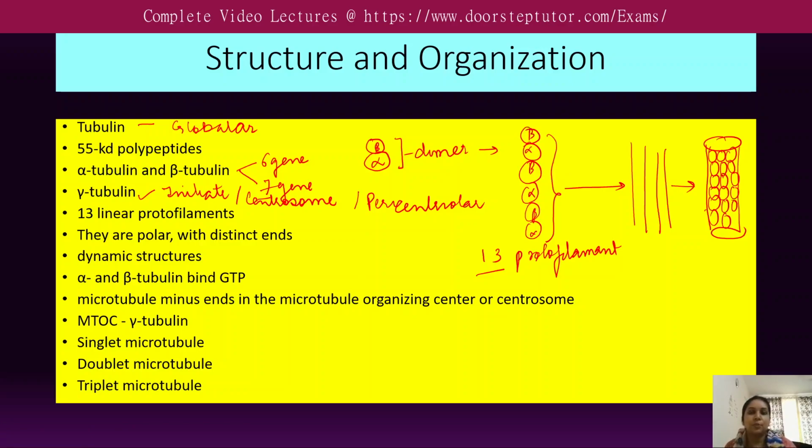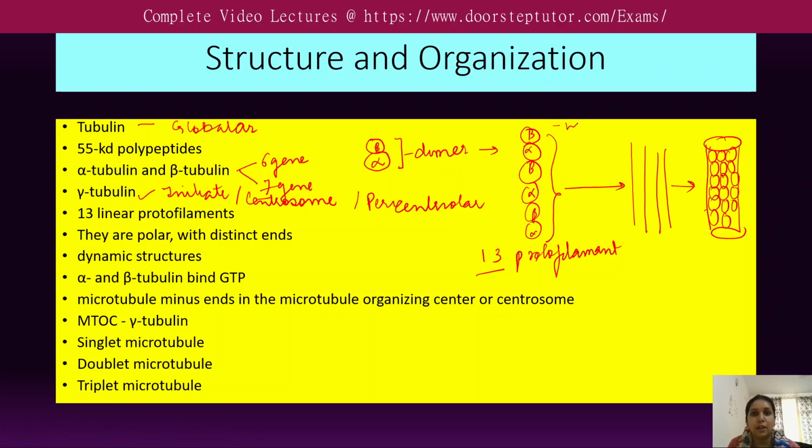Due to this arrangement, the dimers arrange in a linear manner in the form of protofilaments, and the polymerization of the protofilaments forms the microtubule. Due to this arrangement, they have distinct ends like the actin molecule.